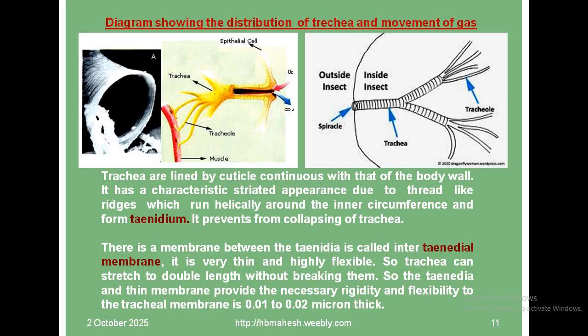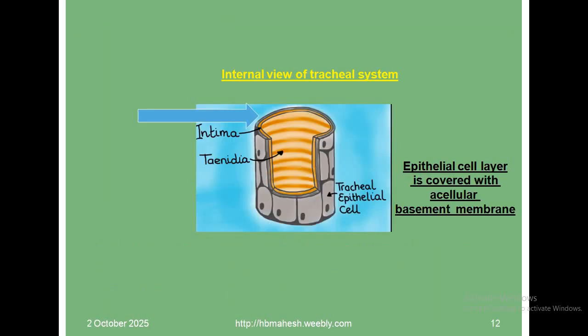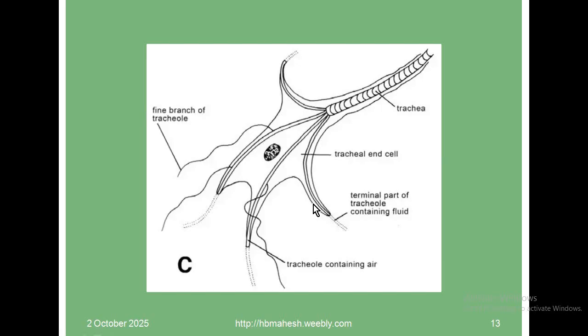The tracheal membrane measures about 0.01 to 0.02 micron in thickness, very thin. See, this is another picture showing the internal view of the tracheal system. This is the intima, these are the taenidia. The epithelial cell layer is covered with a cellular basement membrane.